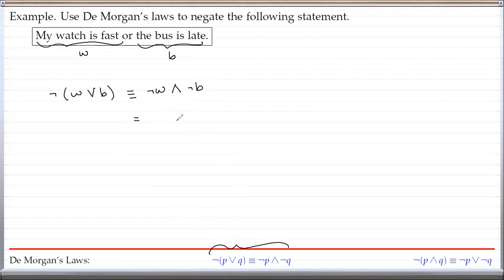W is my watch is fast, not W is my watch is not fast, and not B is the bus is not late.